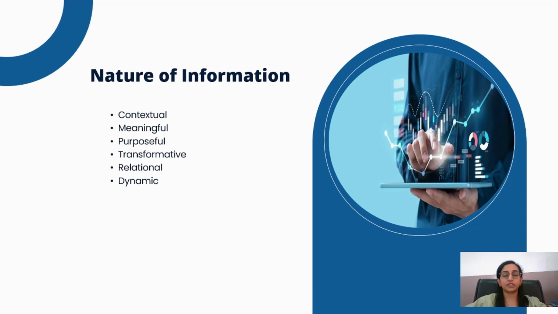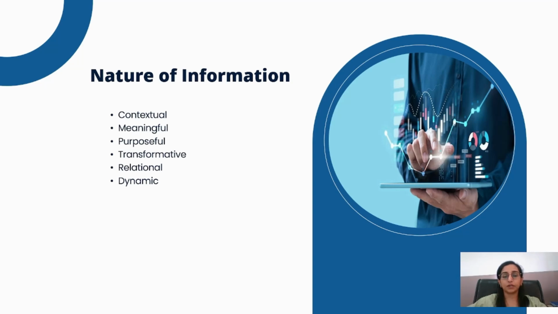Next point is strategic planning. Effective information management requires strategic planning to align information resources with organizational goals. This involves understanding the information needs of the organization and planning how to satisfy these needs efficiently and effectively.